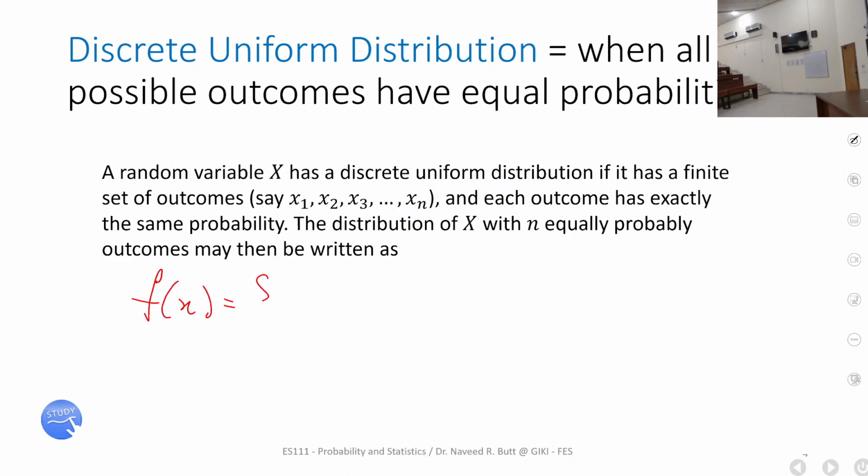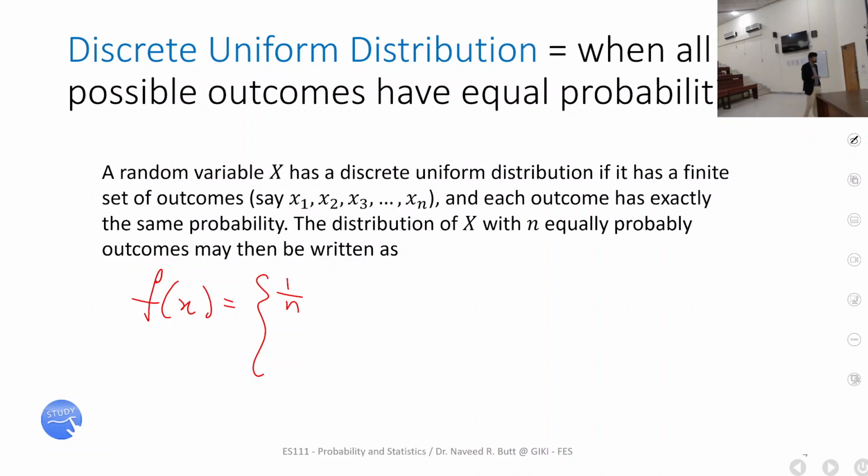F of x is, in this case, the probability, so for each of these it is 1 by n, right? N possible outcomes, all are equally likely, so then they have to be 1 by n. You say, die has 6 possibilities, all equally likely, so each is 1 by 6.